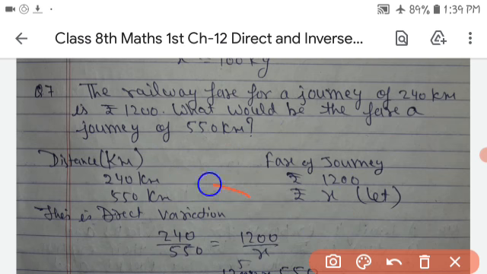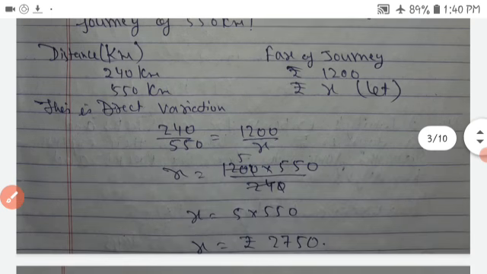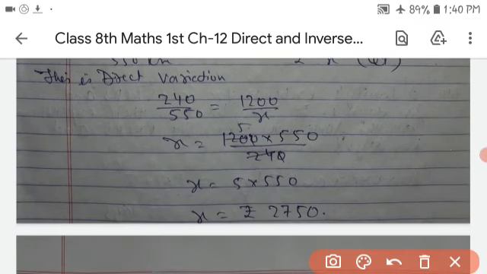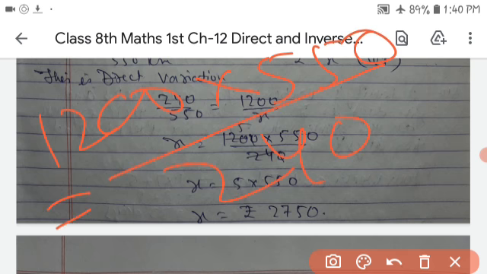This is a question of direct variation. Now apply the formula. 240 upon 550 is equal to 1200 upon x. Now cross multiply here. 1200 into 550 upon 240 is equal to x.